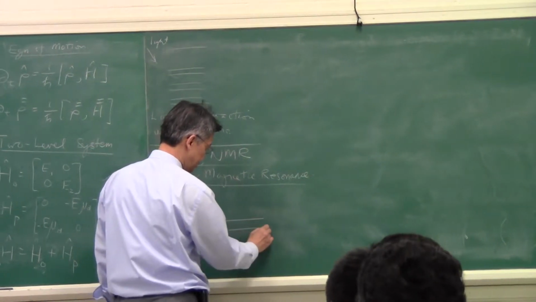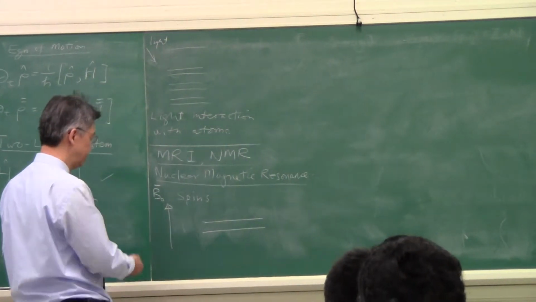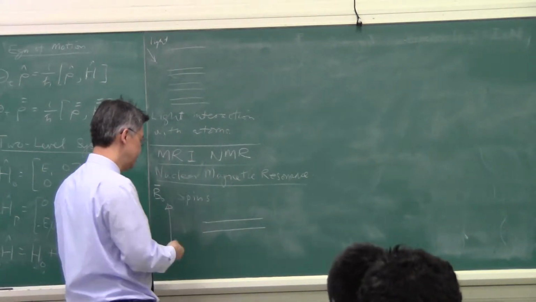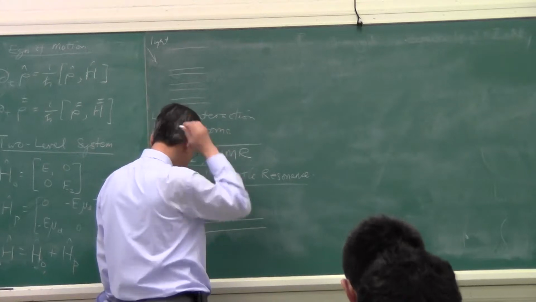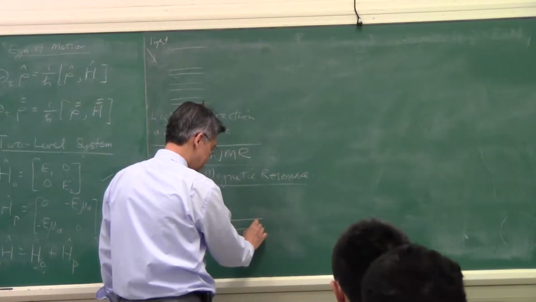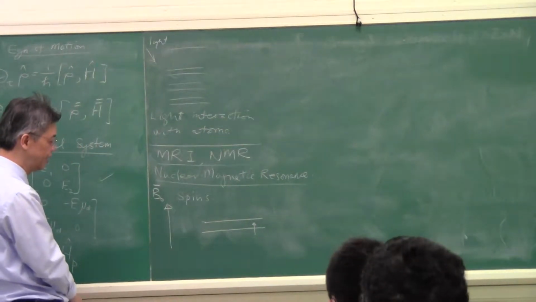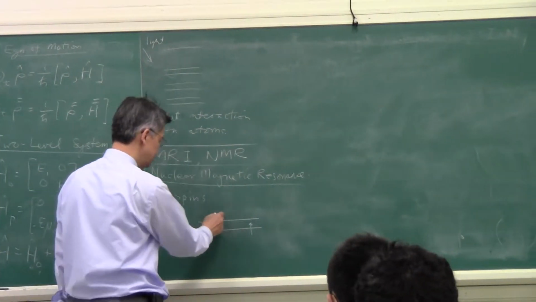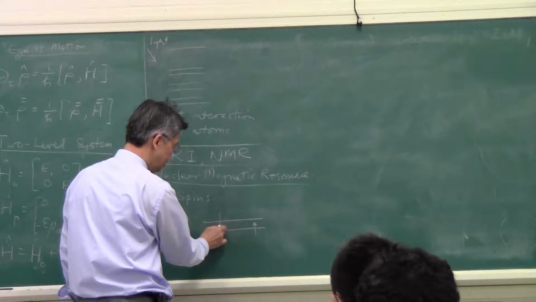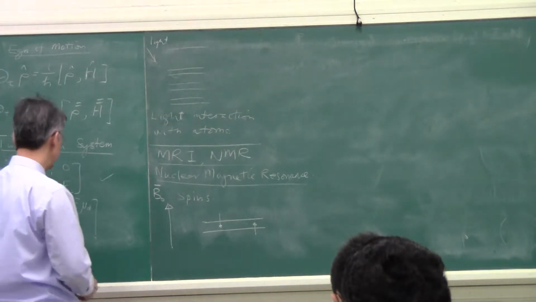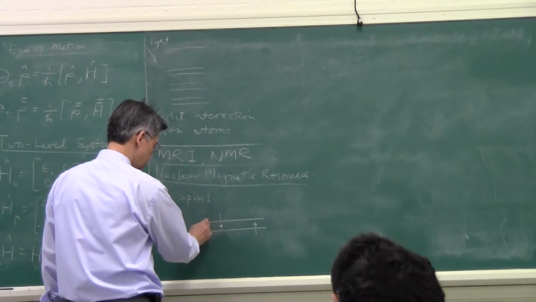If they are degenerate in the original state without a biasing magnetic field, then when you bias the spins with a magnetic field, the spin that is aligned with the magnetic field will tend to have a lower energy state. And if the spin is oppositely aligned with the magnetic field, then the energy state will be higher.